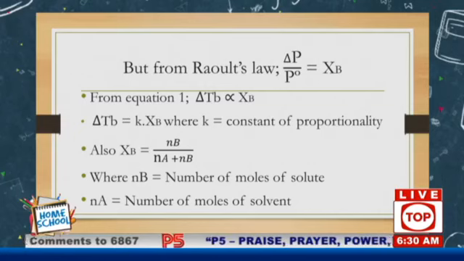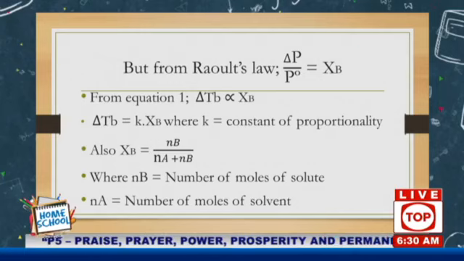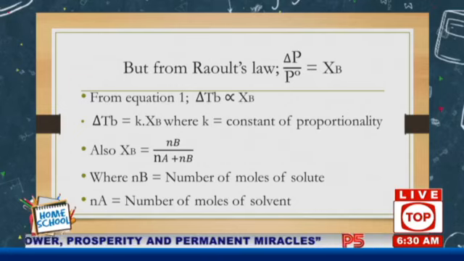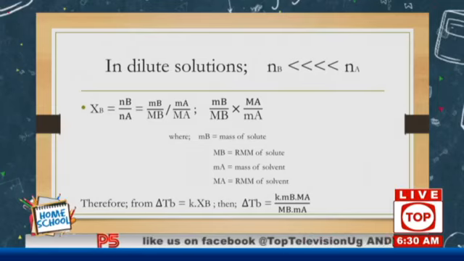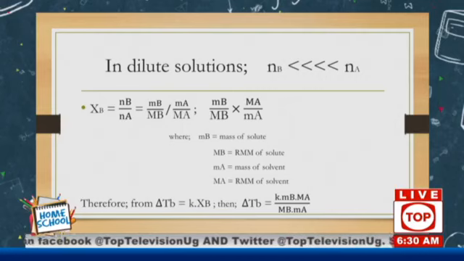Okay? So when you go to the next slide, you see that once you have the number of moles of the solute divided by the total number of moles, we take an assumption. On our next slide, we take an assumption that if the solution is very dilute, that means if you get a cup of tea and you add half a spoon of sugar, you do not feel the sugar content.